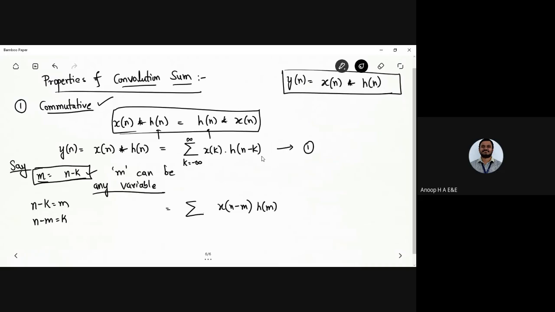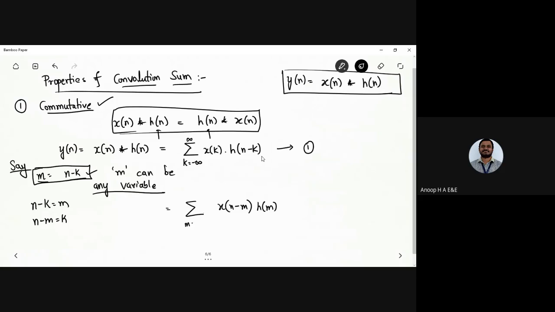Then I need to replace the summation limits with m equal to minus infinity to plus infinity, as for k. So you will be having n as the term there, right?